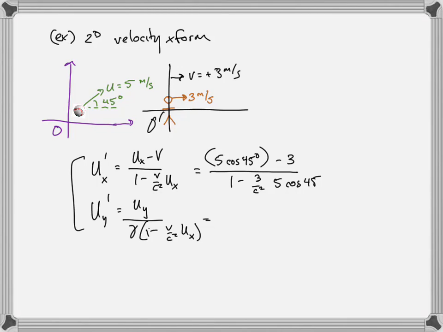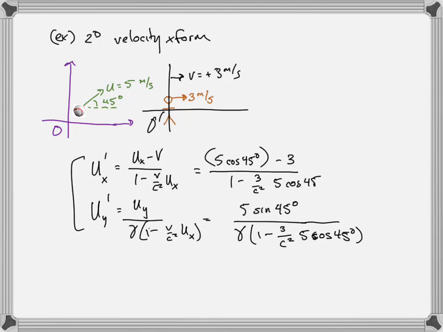And then u sub y is 5 sine 45 degrees divided by gamma. It's still just gamma, 1 over c squared times u sub x, right? Although I made this so u sub x equals u sub y, but that's okay.